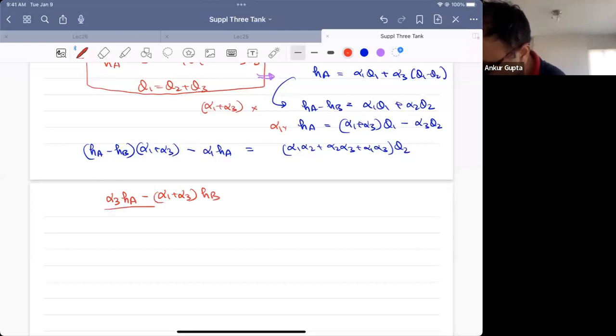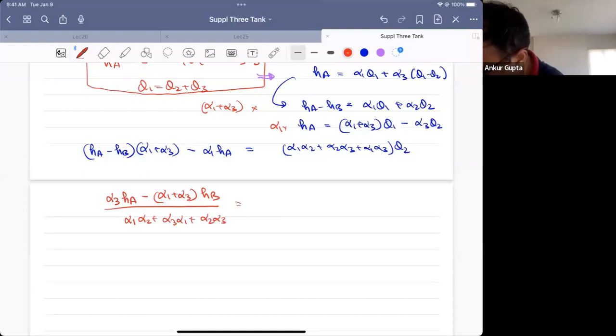And what I get is alpha 1 alpha 2 plus alpha 2 alpha 3 plus alpha 3 alpha 1. Okay, please feel free to do this yourself. I have maybe rushed a little bit, but this is really not bad.